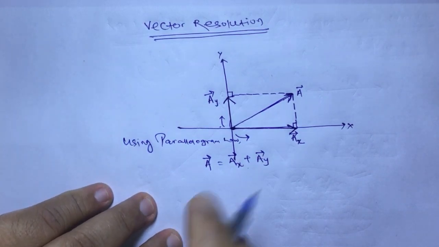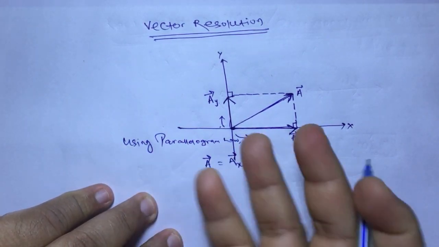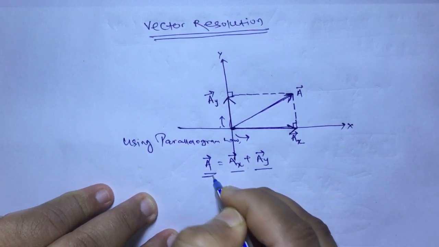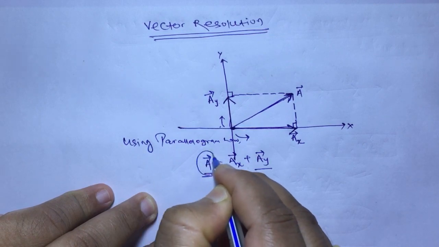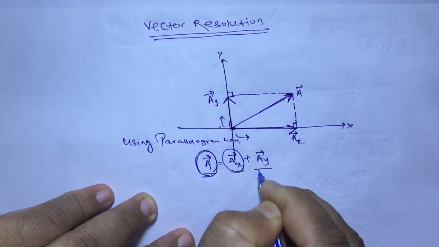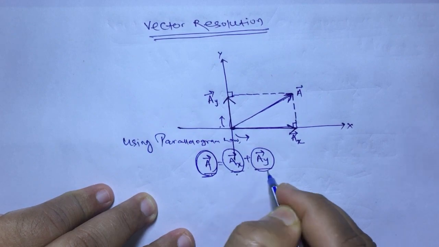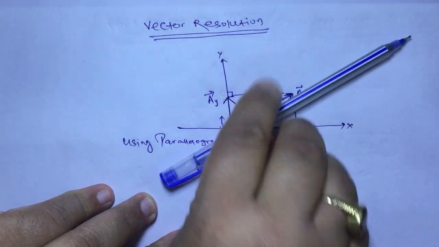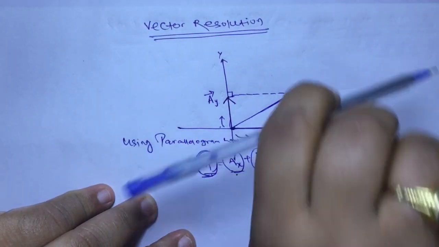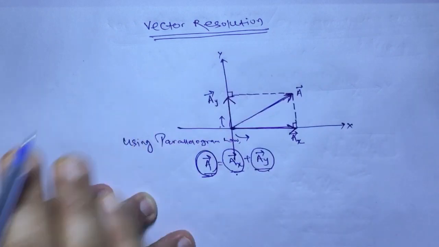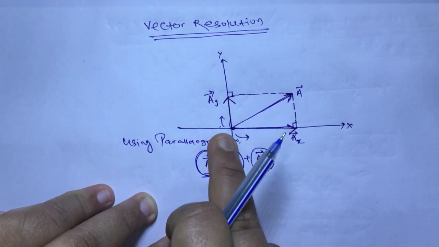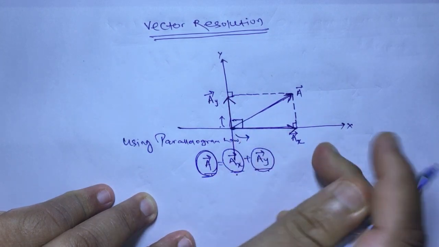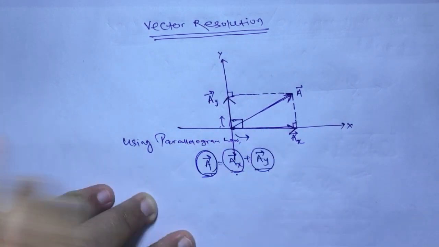In other words, if I add these two vectors, I get this, or if I divide this vector into two components, I get ax vector and ay vector. So this vector has been resolved into two components, one along this and one along this, and the angle is 90 degrees because it is the angle between the x and y axes.